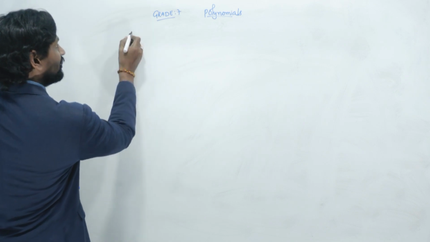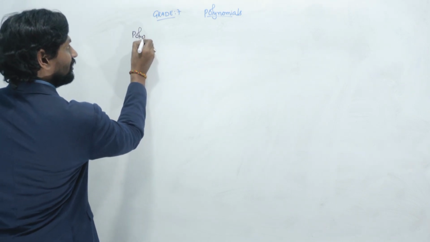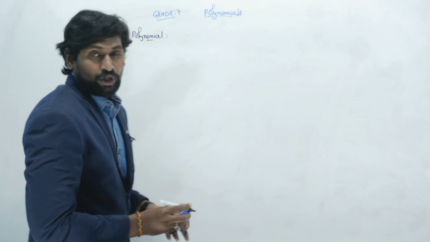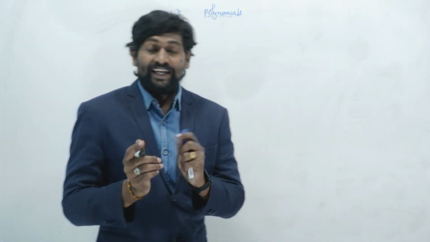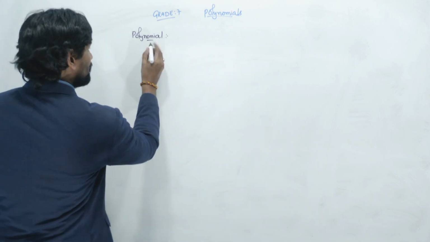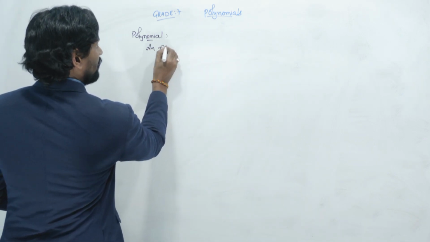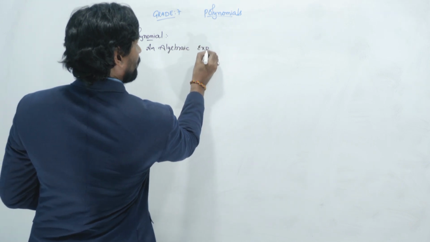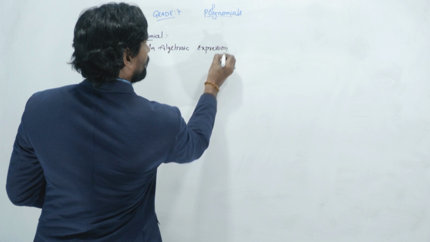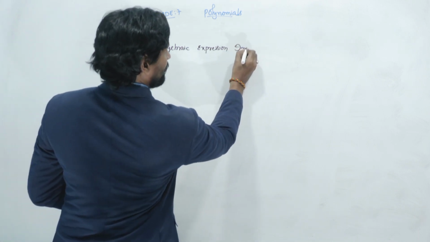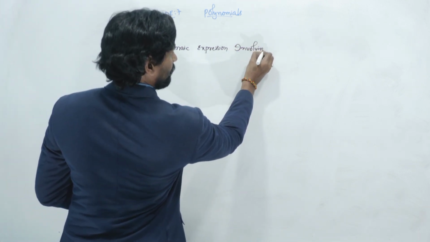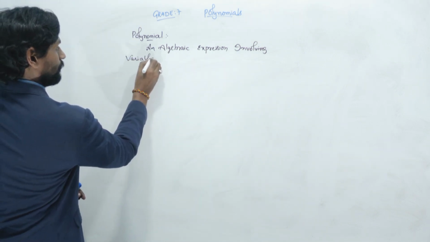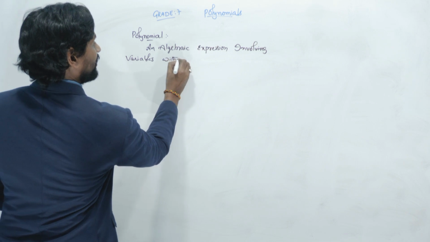So a polynomial is nothing but an algebraic expression. A polynomial is nothing but an algebraic expression involving variables with non-negative integral powers.